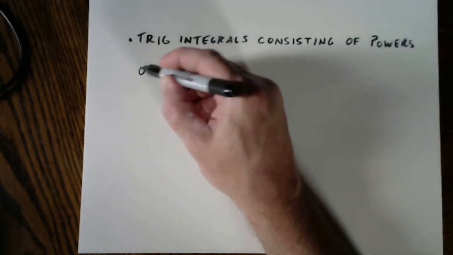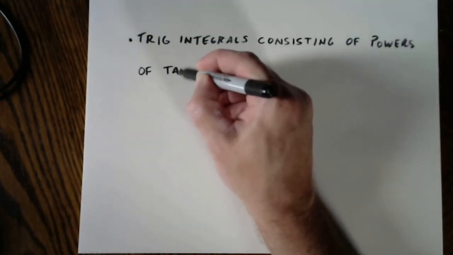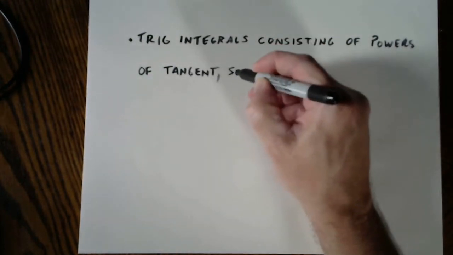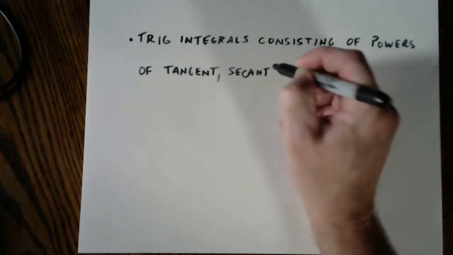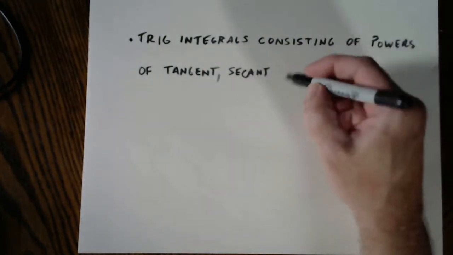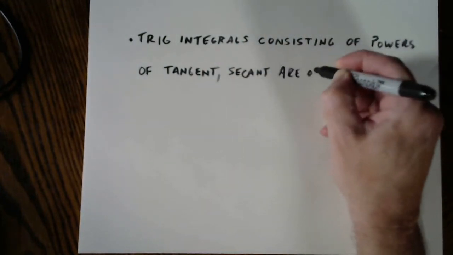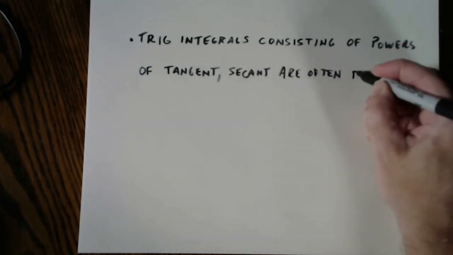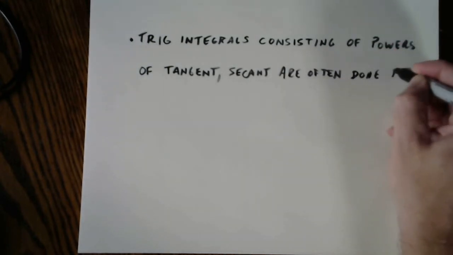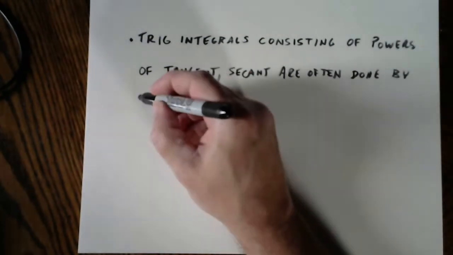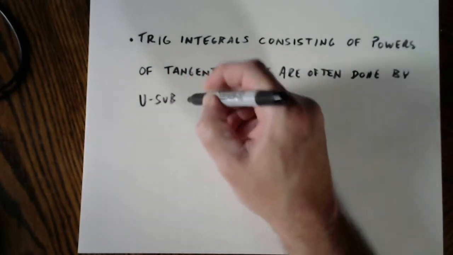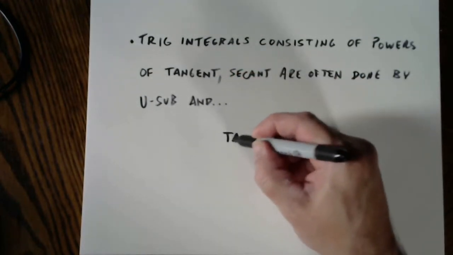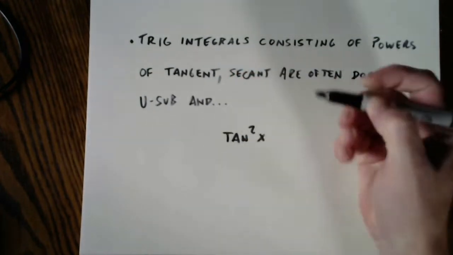of tangent and secant, and again it's kind of the same story, often done by u sub, and these are called the Pythagorean identities, these squares.